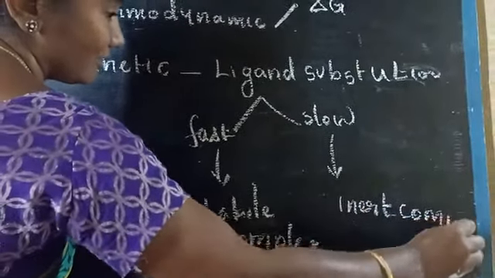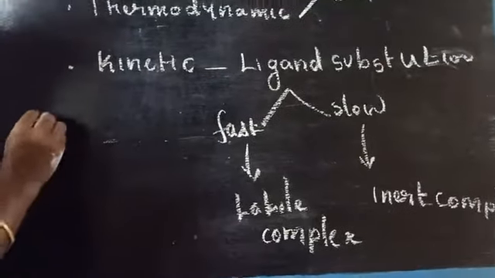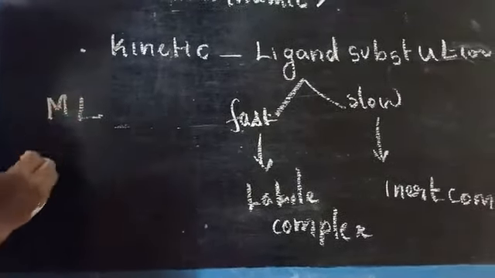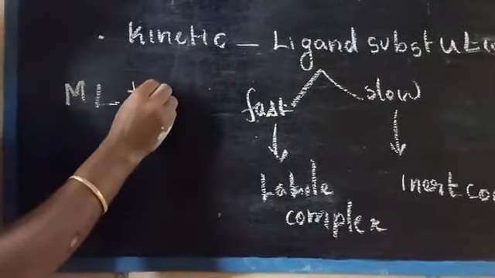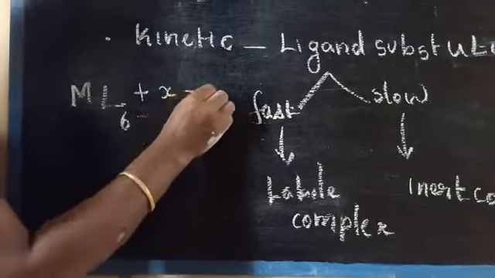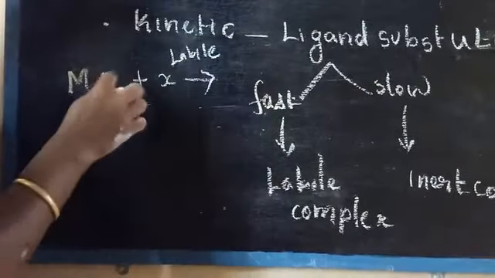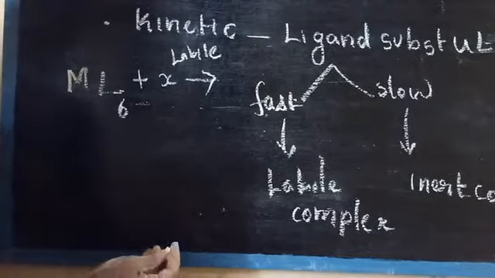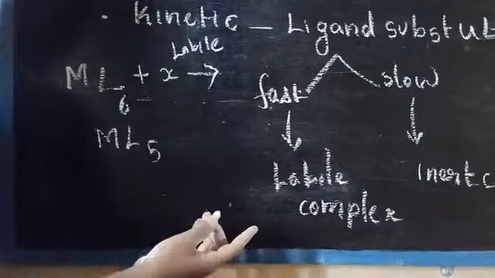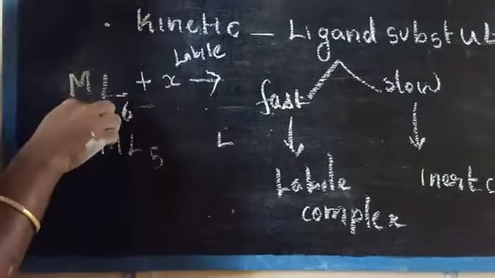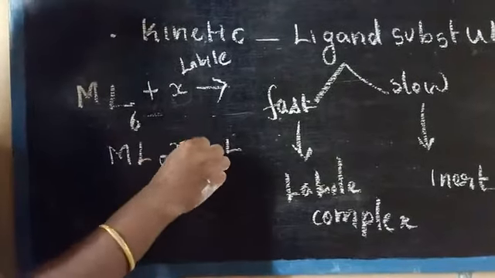Children, now see one example; you can identify it very clearly. Metal with ligand six times, ML6. Now substitute a ligand with another ligand, for example X. In a labile complex, substitution takes place, a fast reaction. So what about the product? ML5X: one ligand is removed and the new ligand is substituted in, X plus L.